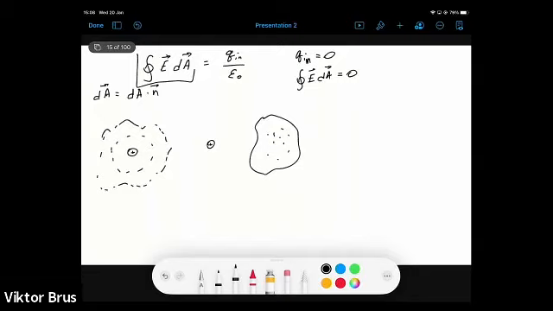Based on this fundamental feature of electric field flux through a closed surface, we can proceed further and apply this condition to solve particular problems when it is necessary to calculate the electric field vector at a point of space around some continuous charge distributions.